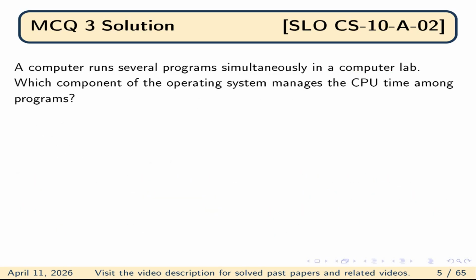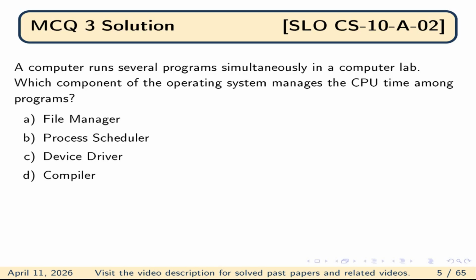Question number 3. A computer runs several programs simultaneously in a computer lab. Which component of the operating system manages the CPU time among programs? File manager, process scheduler, device driver, compiler.